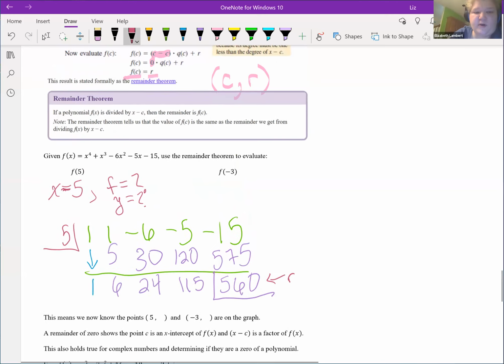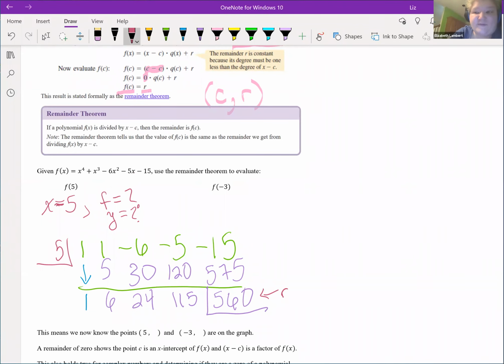And remember, our remainder is f of c. C was 5, so f of 5 is a whopping 560. Now, if you graphed that on the calculator, you went over to the table function, you typed 5 in, it's going to tell you 560 back out.